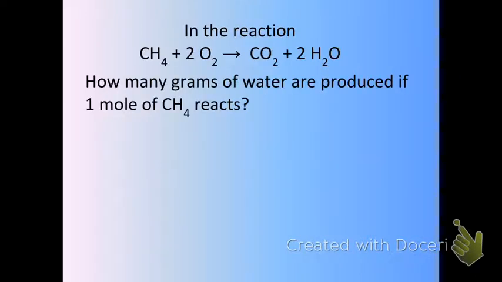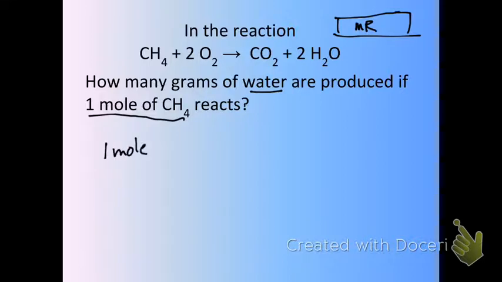All right, so it says how many grams of water are produced if 1 mole of CH4 reacts? We want water, and we're starting with 1 mole of CH4. So let's think about the box. Here in the box we have molar ratio. Are we starting in the box or out of the box? Well, we're starting in the box. Why? Because we have moles.